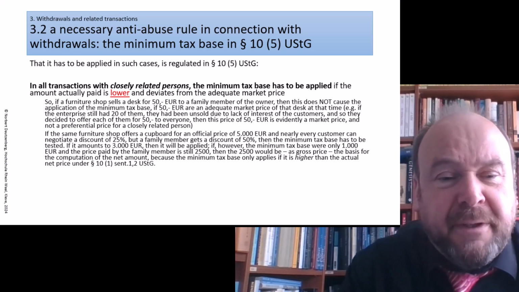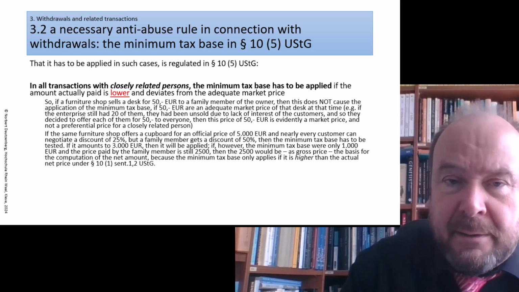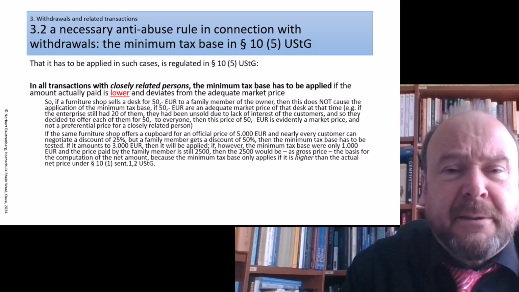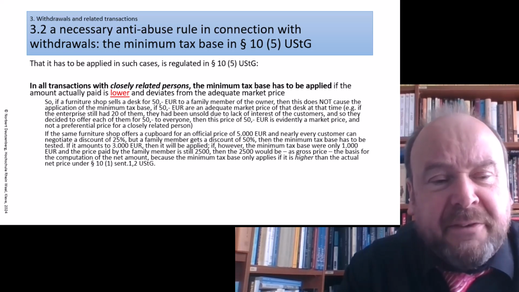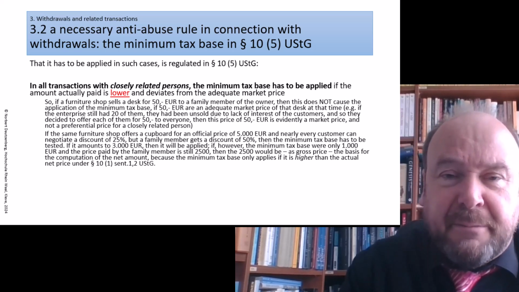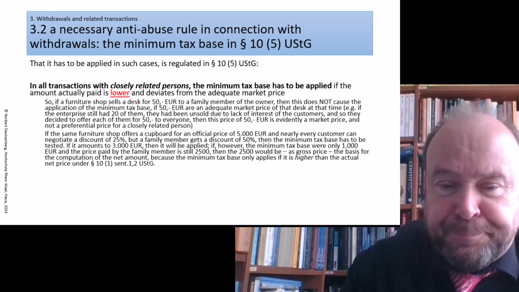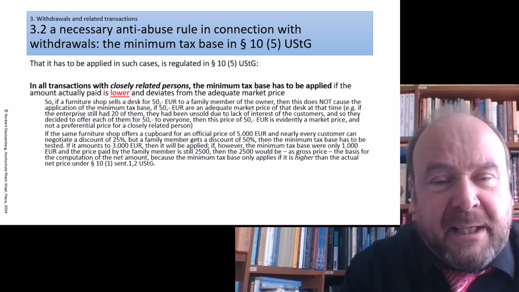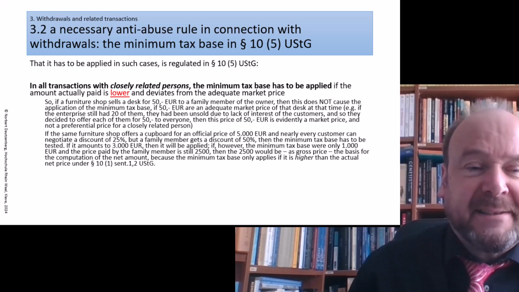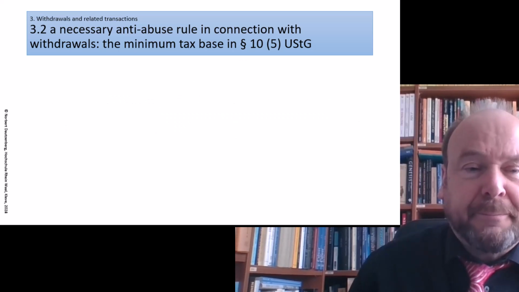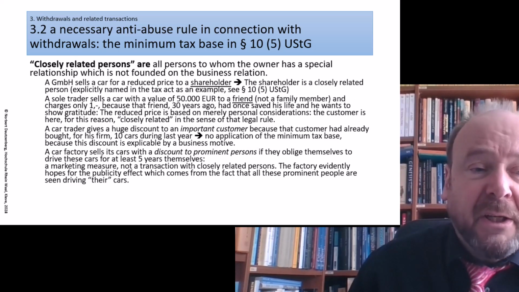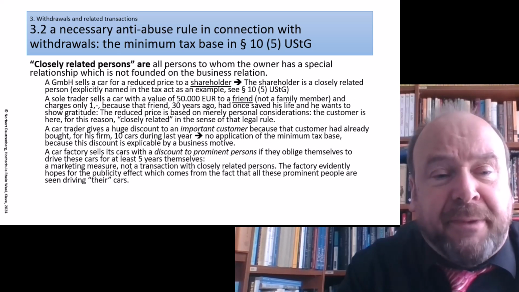So 2.5 is then, as a cost price, the basis for the calculation of the net amount and therefore of the tax base. So only the higher amount counts. That's relatively clear.